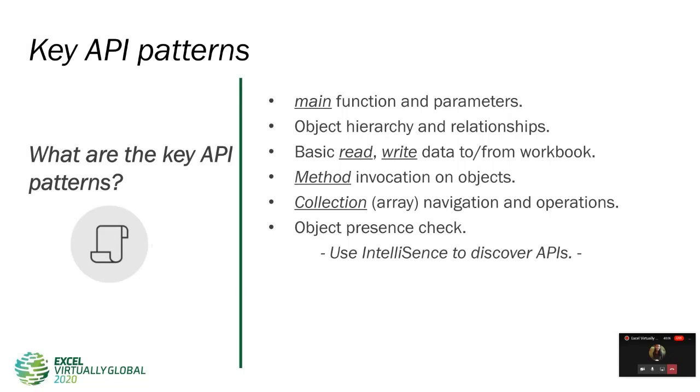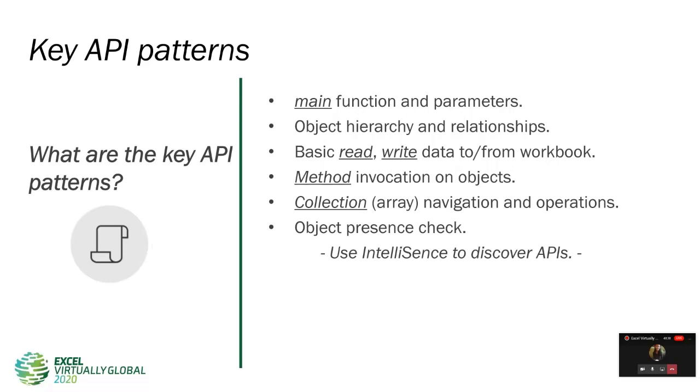The next, method calls, are a way to manipulate an object. Maybe you're clearing a range or setting the position of a chart. So these are all methods that the object may offer. And next is the collection. Think of a collection as an array of things like your tables and charts and worksheets that are in your workbook.